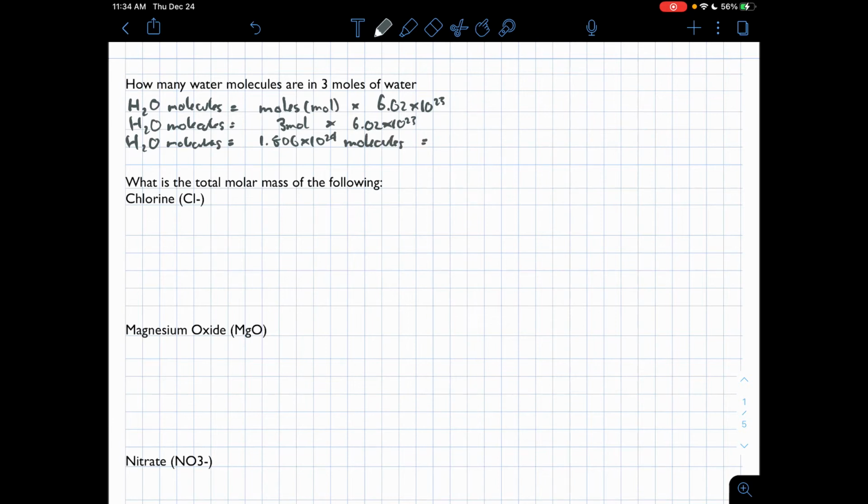If you remember the sig figs rule, you remember that you only round to the term with the lowest amount of sig figs. So in this case, it's 3. Right now we have 4 sig figs, so we reduce down to 3. So it would be 1.81 times 10 to the 24 molecules of H2O.